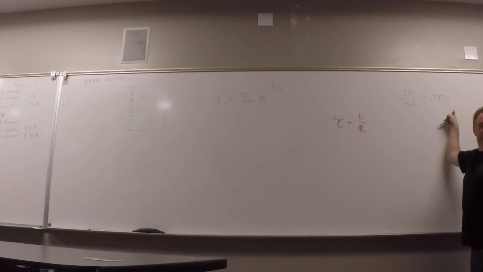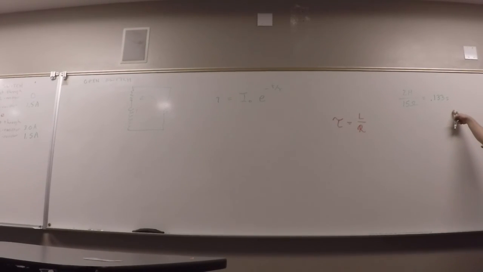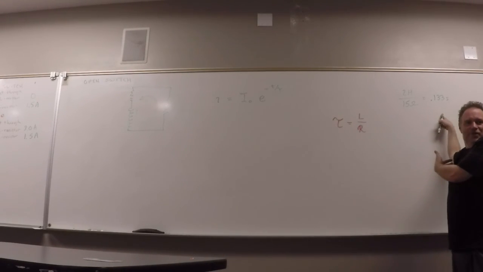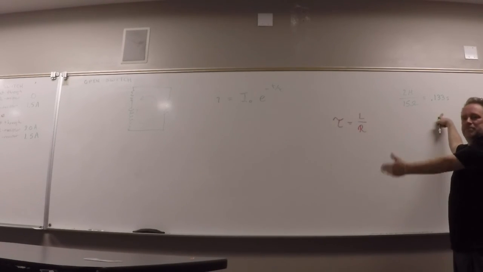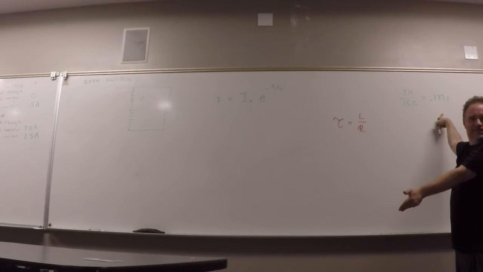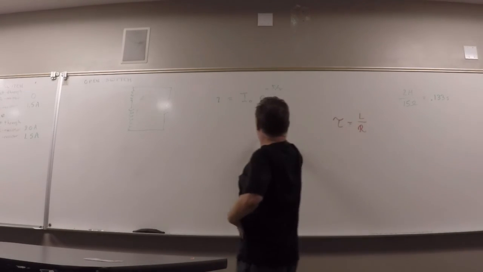Notice that this isn't going to take very long, even with my giant inductance. It doesn't take very long for that current to dissipate, because my time constant here is only 0.133. I wait 1 second, I've already passed like 6 time constants. So it's going to be very small.